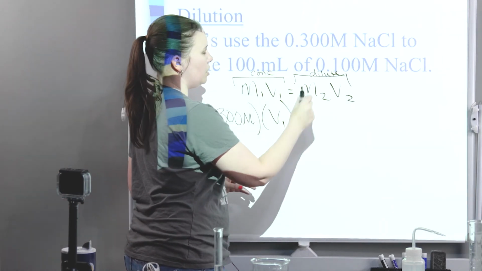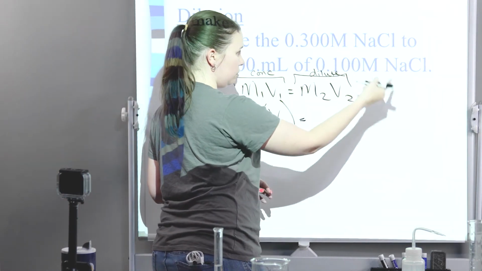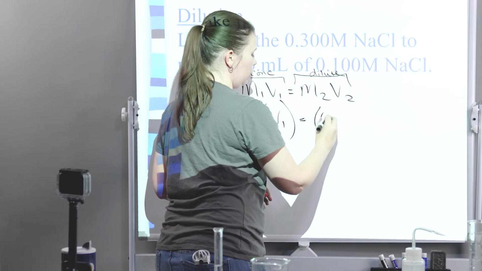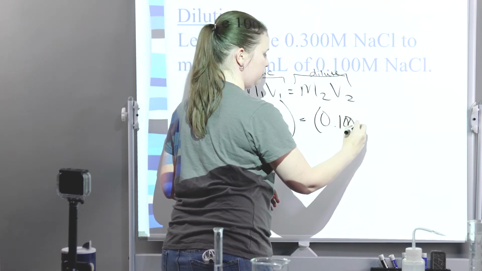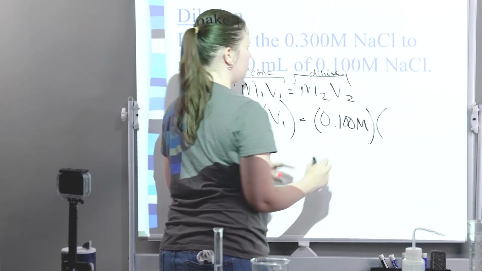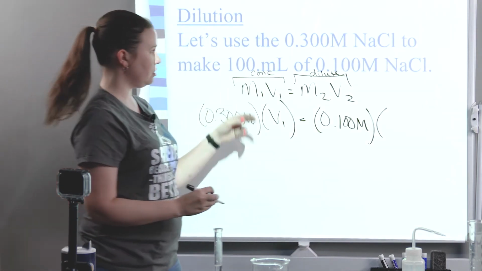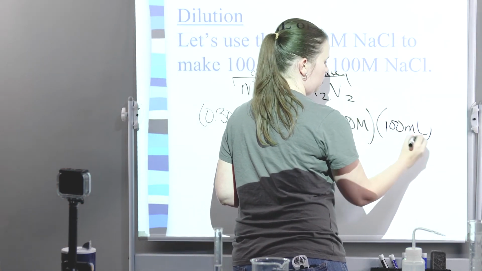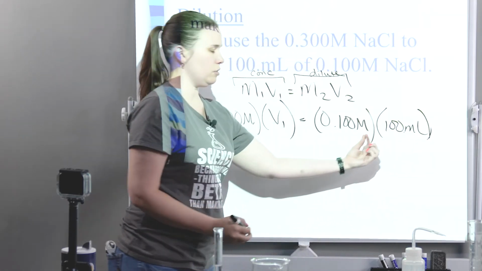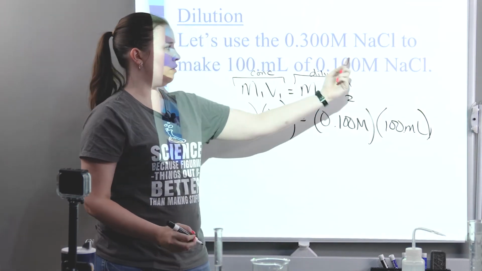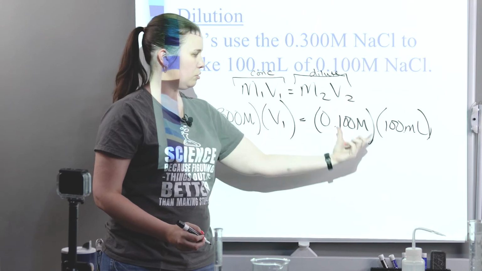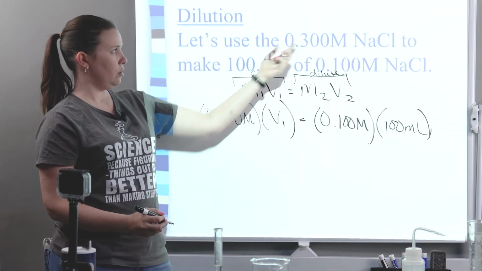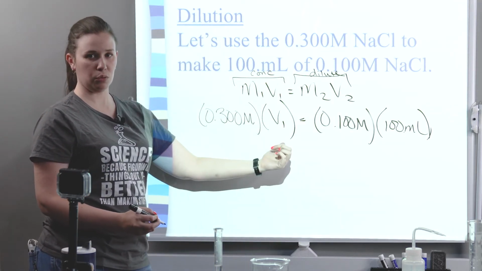All right, so then the molarity of the dilute or less concentrated solution is our 0.1. And then the total volume we're trying to make in the end is 100 milliliters of that 0.1. So you basically want to be careful that you are pairing things correctly. The volume of the dilute solution go together, and then the concentrated solution, we're never going to know its volume.